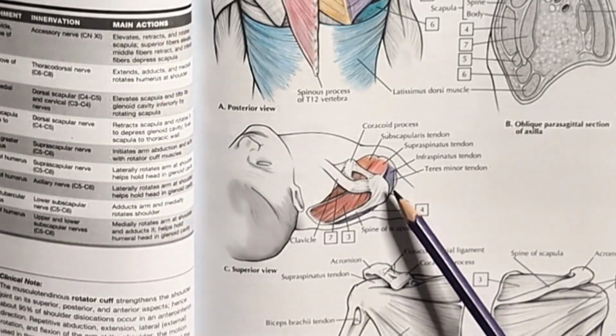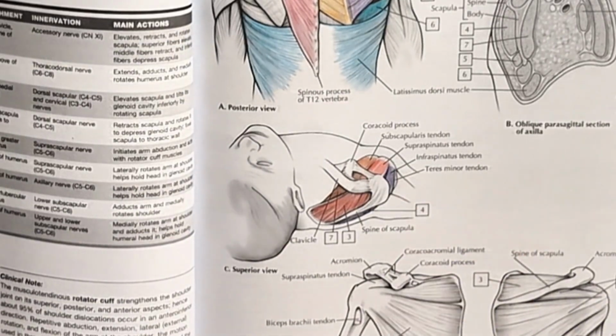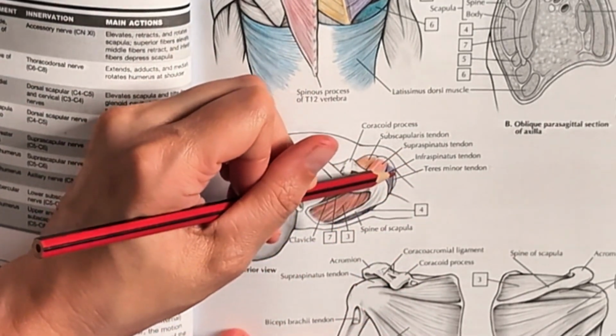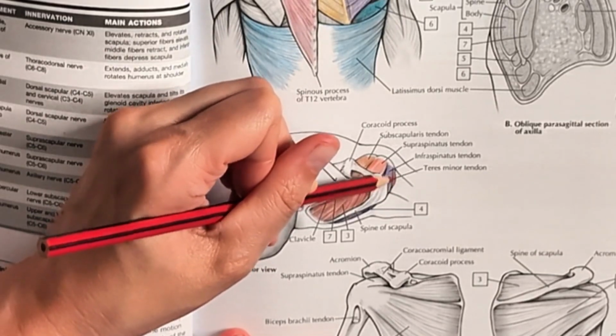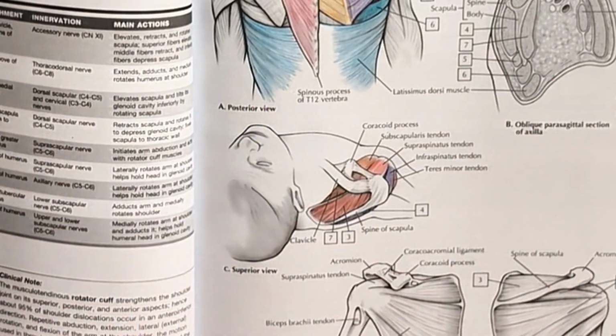And then we have the teres minor tendon there, which we'll just give a little red to. There we go.